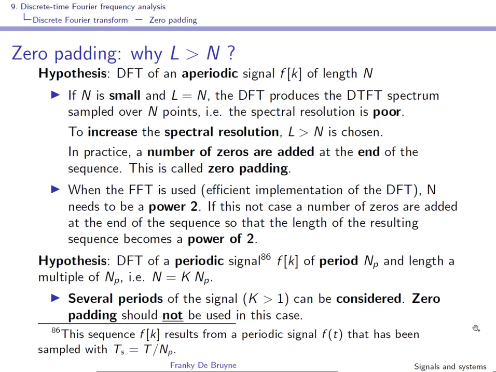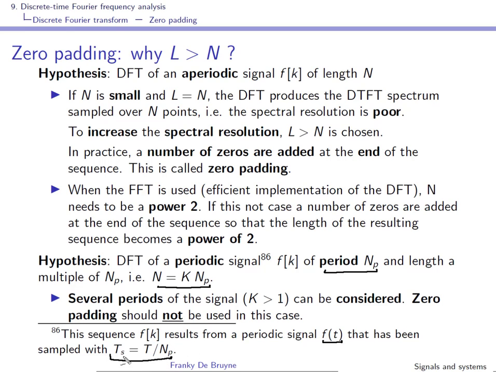Well, when your signal has period np, and we have a length that corresponds to a multiple of np, so we'll write it as capital K times np, if you do zero padding, you'll destroy the periodicity. So this is something that you should not do. Remember that if your original signal is of period t, you should choose ts as t divided by some integer, and here we've called it np.